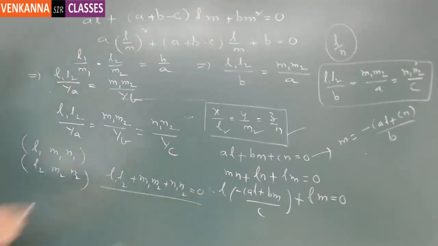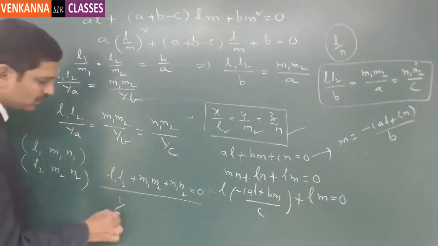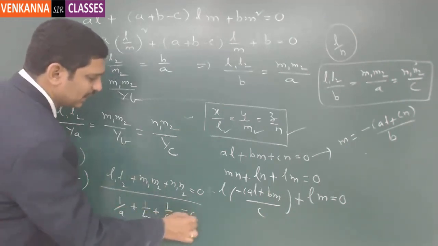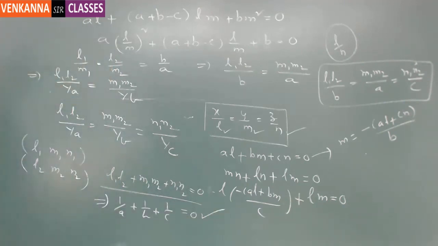This is nothing but the perpendicularity condition. Since the values are proportional, from this you can say that 1 by A plus 1 by B plus 1 by C equal to 0. So this is our answer. You take a note of that.